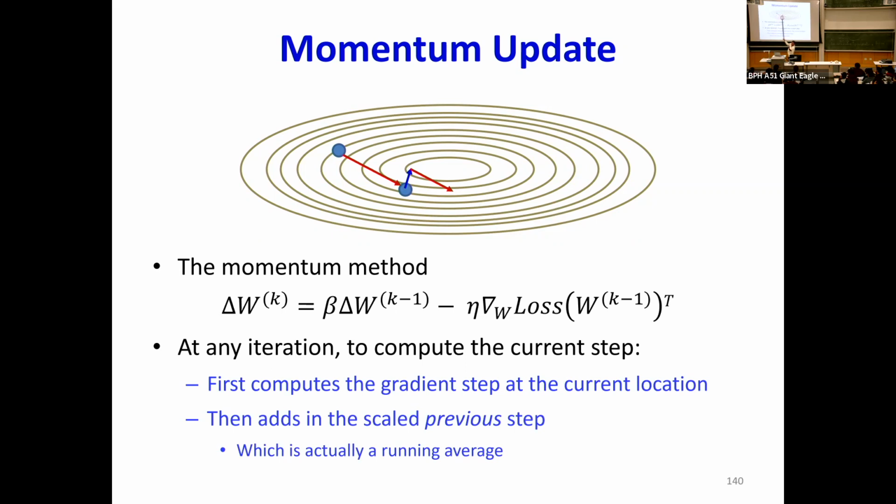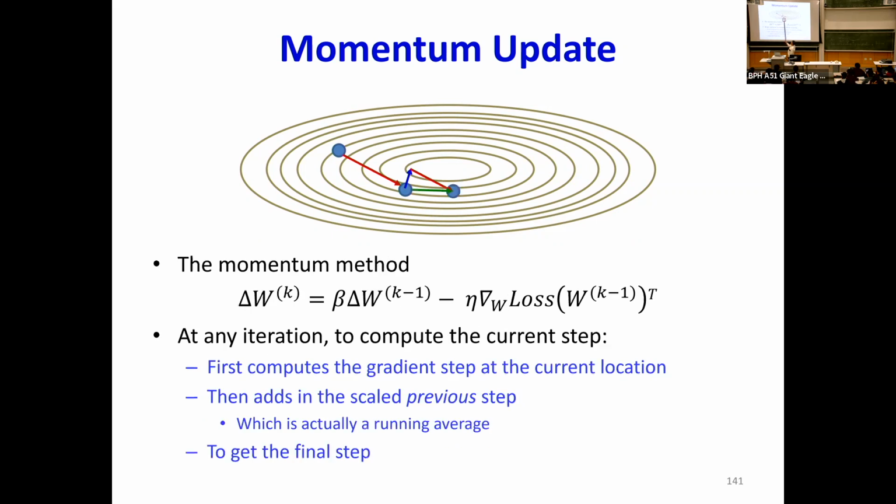So it's going to be this blue line plus a shrunk version of the red line, and that's going to be the actual step. So what you're doing is computing the gradient now and adding the current gradient to the previous step to determine the actual step that you will take. So this is the momentum method, right?